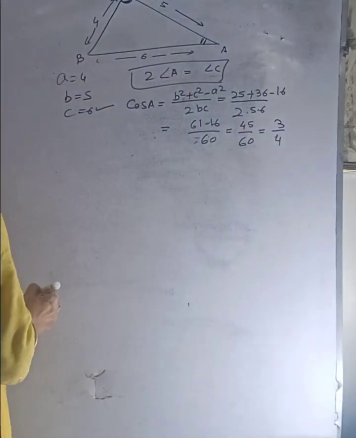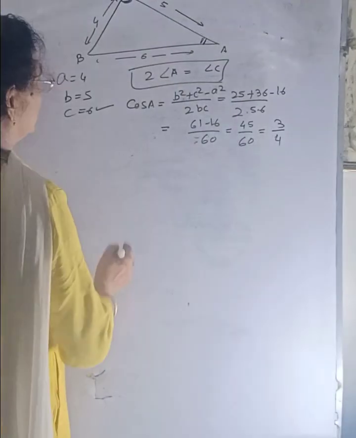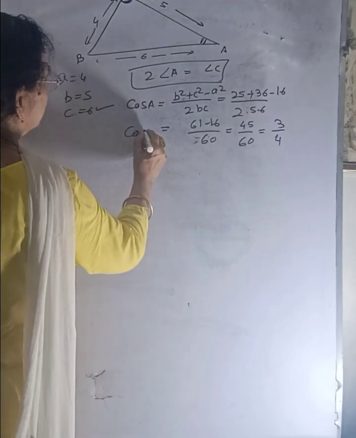Okay, 3 is to 4 comes. 3 is to 4. Okay, this is cos A.